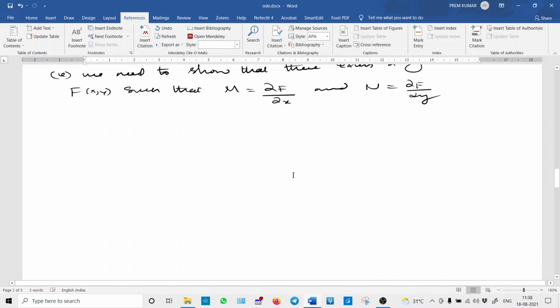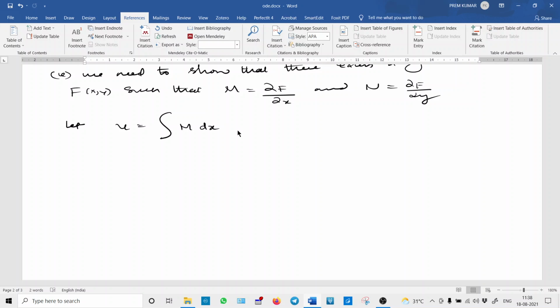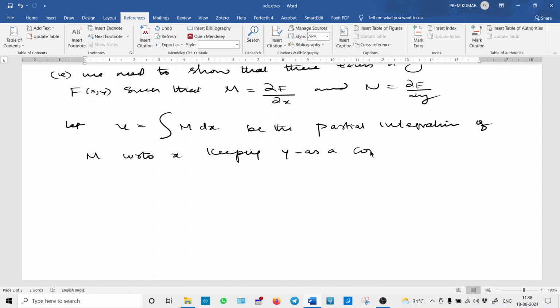Now let us assume that u equals integral M dx. We are just assuming a function which is nothing but integration of M with respect to x, the partial integration of M with respect to x, keeping y as a constant.